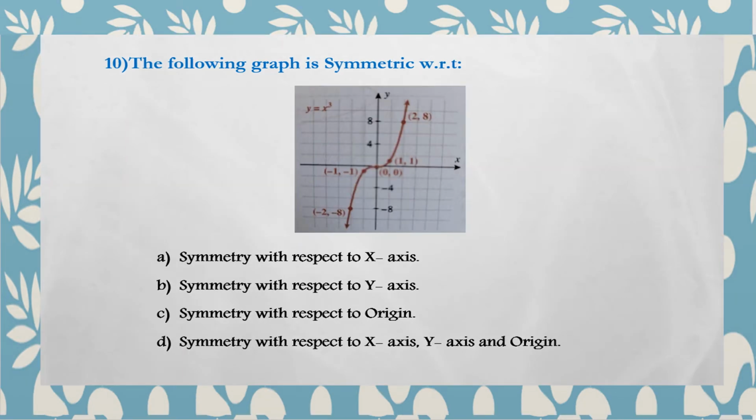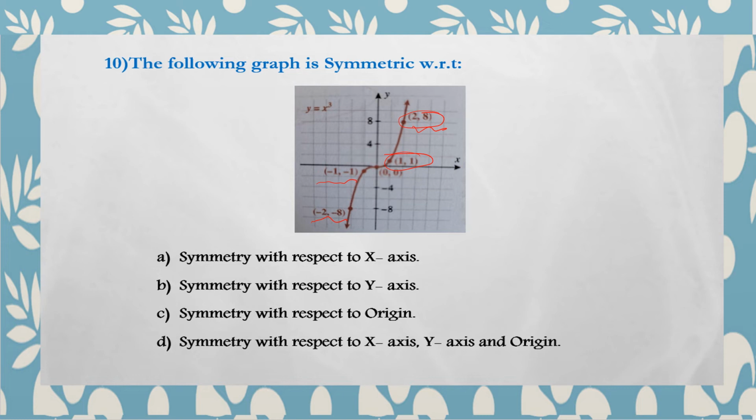For this graph, by taking 2 points, 2 and 8, 1 and 1, and by searching for the opposite values of these points, you can see that for 1 and 1 we get negative 1 and negative 1. For 2 and 8 we get negative 2 and negative 8.